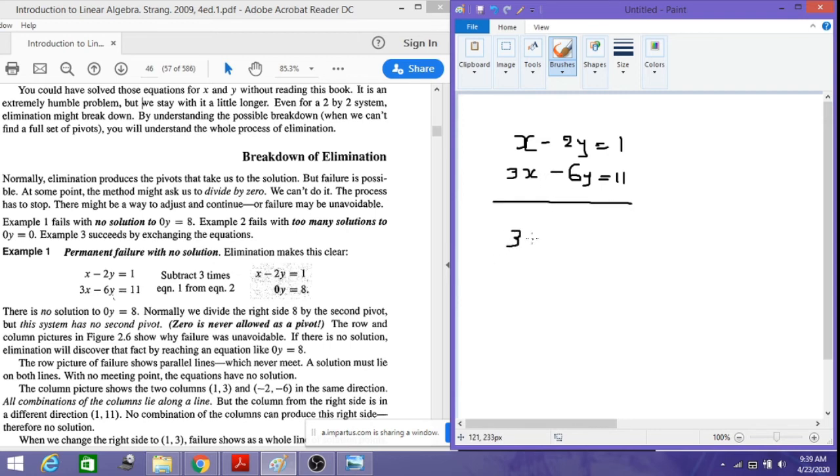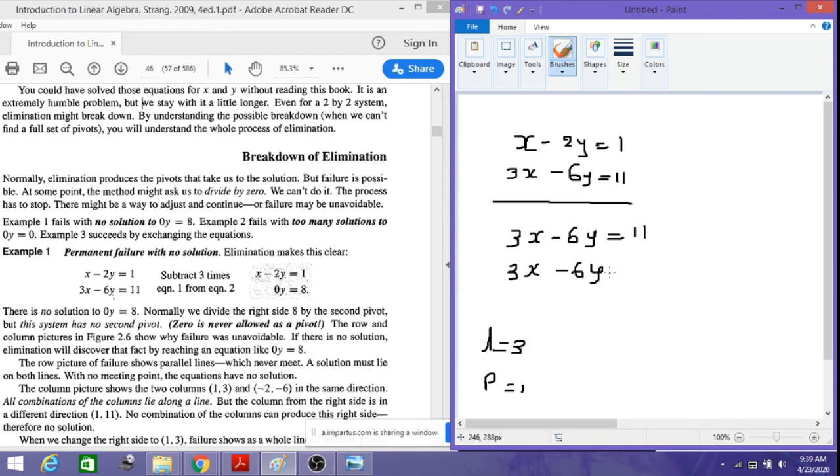I'll write the second equation as it is, because I have to eliminate. So my multiplier in this case is 3. So L is equal to 3, and the pivot is 1. So I'll just multiply this 3 to 1. So I'll get 3x minus, yes, this is a failure case.